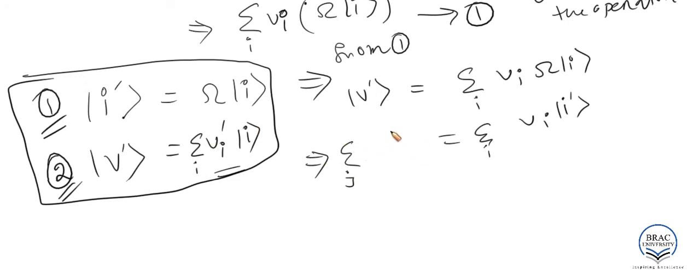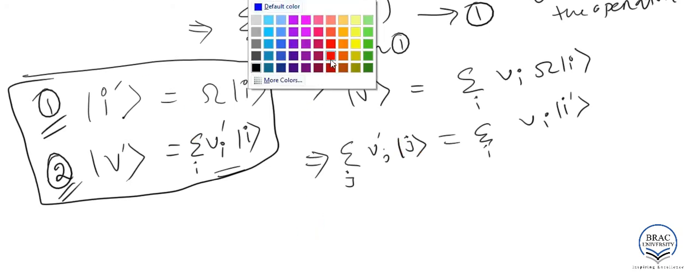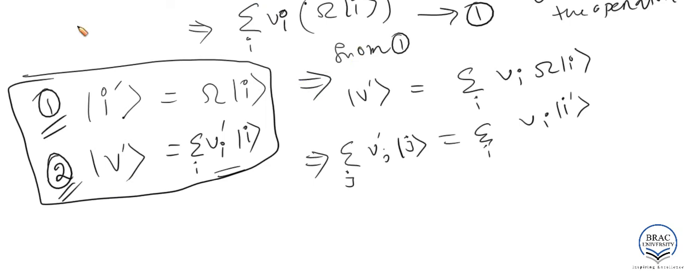If you do that, then this will be v_j prime e_j, right? And now comes the trick. The trick is we dot. Let me write it down so that you can understand better. So the trick.